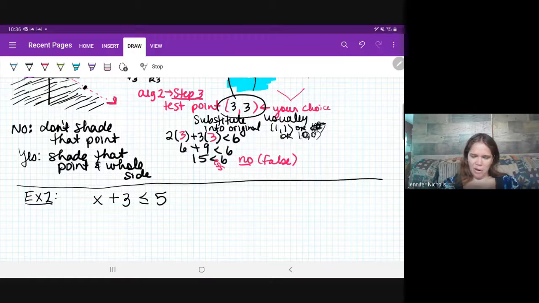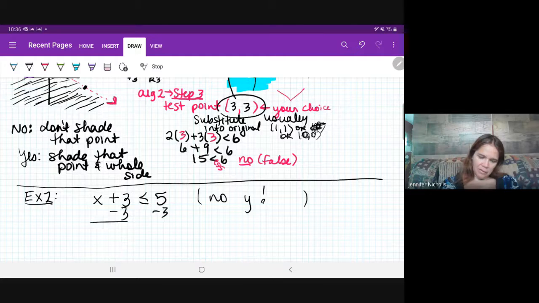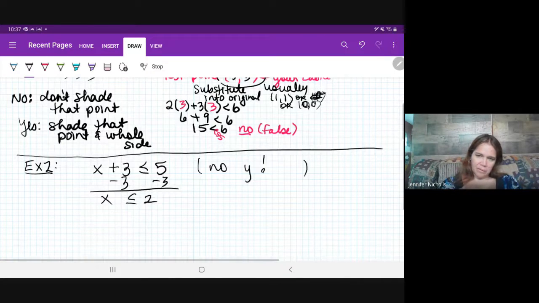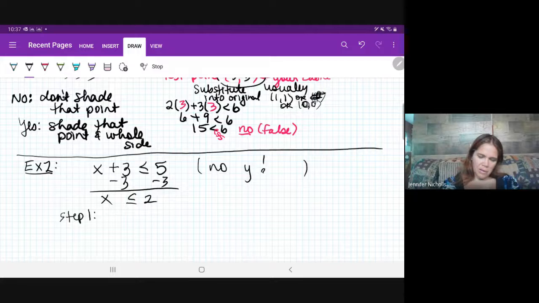There's something wrong. Okay, so step 1, change to an equals.